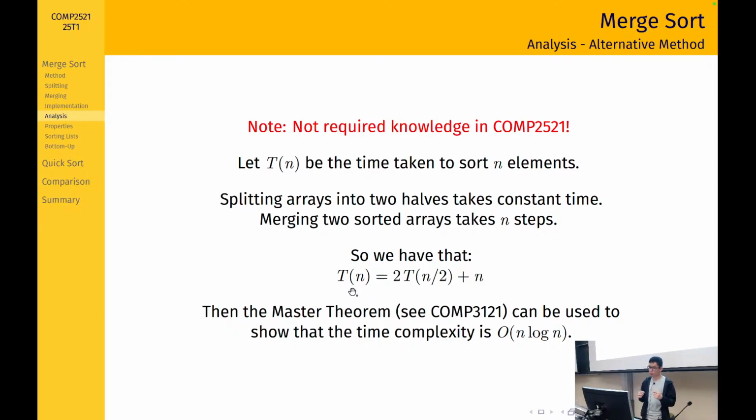It lets you analyze divide and conquer algorithms that have this kind of runtime, where the cost of merge sorting an array of size n is equal to the cost of merge sorting two arrays of size n/2, because you're recursively merge sorting both halves, plus n. So n here is the cost of merging the two subarrays back together. You end up with this kind of recurrence, and then the master theorem helps you solve this recurrence.